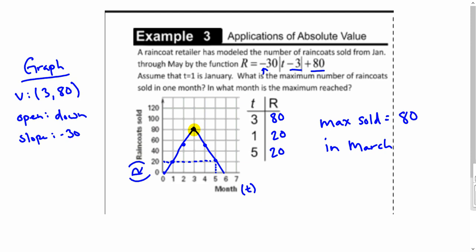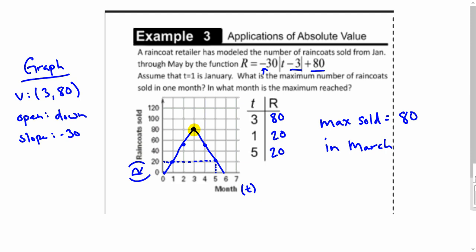And when do you need to order significantly less? Probably after the first 3 months of the year because the demand is going down. You wouldn't want to order the same amount of raw materials every month unless you really want to pay to store all of it until you're going to sell the most raincoats, kind of February, March, and maybe a little bit into April.